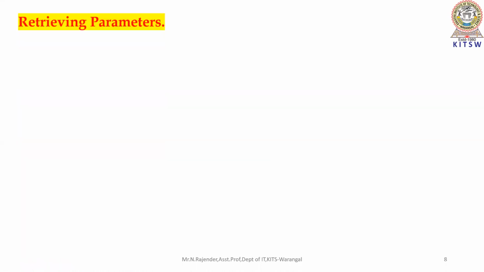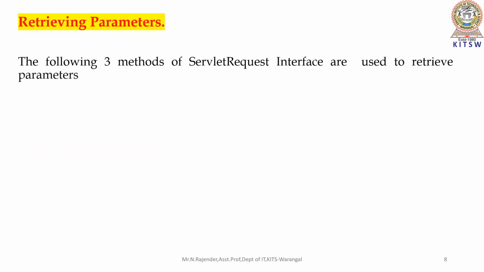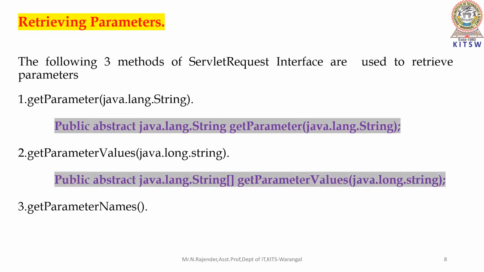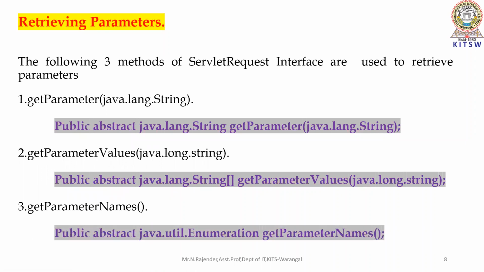Retrieving parameters. How can we retrieve the parameters? There are three methods to retrieve parameters, and they are available in the ServletRequest interface. The first method is getParameter, the second is getParameterValues, and the third is getParameterNames. The first is used to get a single parameter, the second is used to get a list of parameters, and the third is used to get parameter names.